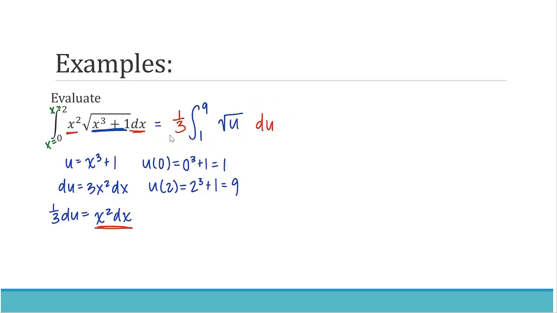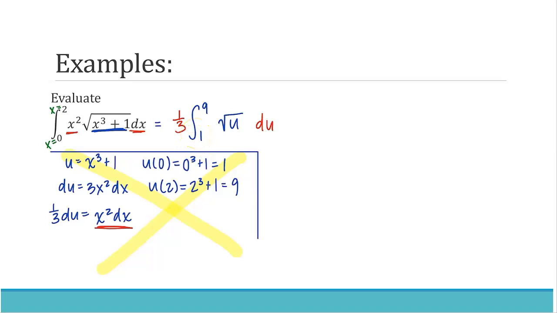And so the benefit of changing them into u's is that I actually don't have to care about this information at all anymore. Now, this is just like its own fundamental theorem of calculus problem. I can simply find the antiderivative of the square root of u, and then plug in 9 and plug in 1 and subtract them, and that's my answer.